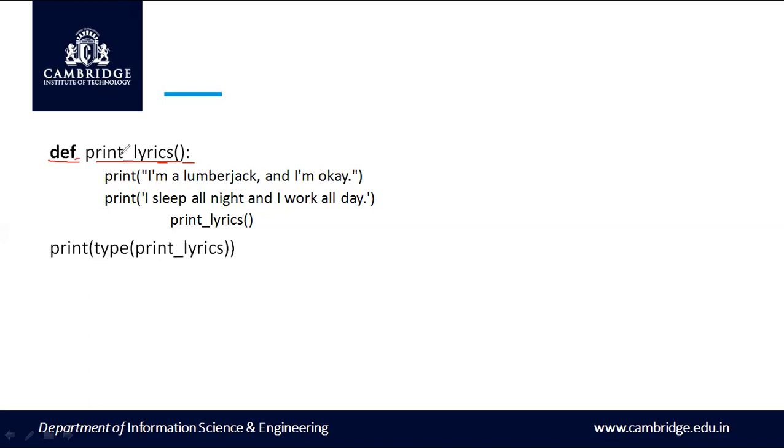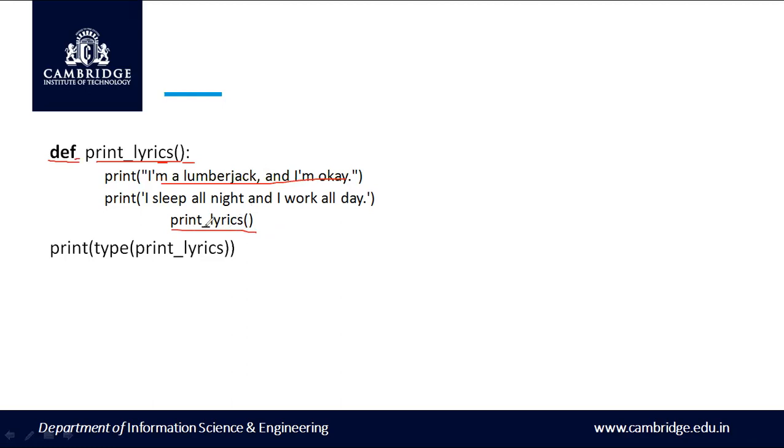Here the function name is print_lyrics, and what is this function doing? It is printing two statements. You can see here two messages: I'm a lumberjack and I'm okay. I sleep all night and I work all day. So how to call the function print_lyrics? By simply typing the function name with parentheses at the end.